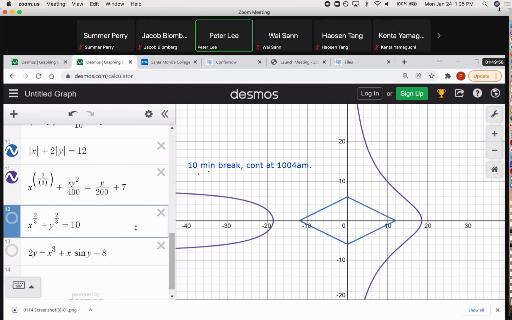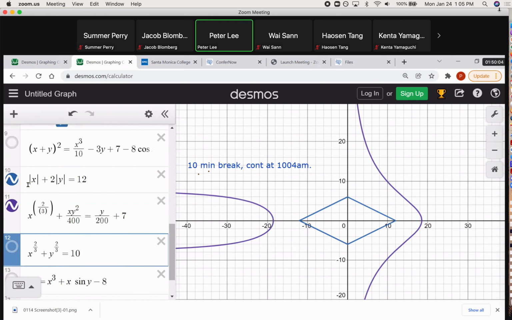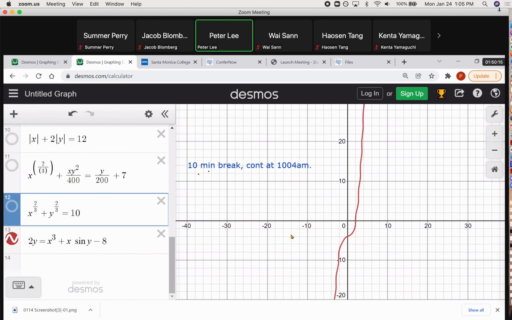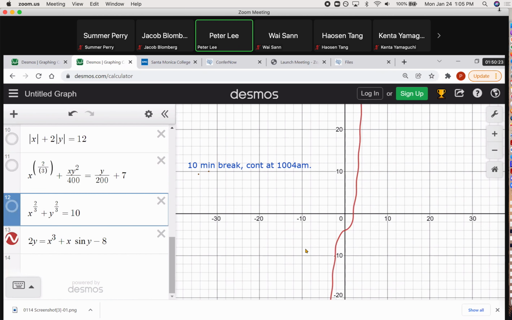Sometimes even I don't know how smooth the curves will be. But number 13, which I showed you, is actually a relatively smooth curve. It has a right turn, left turn, and so on, but more or less there are no sharp turns.